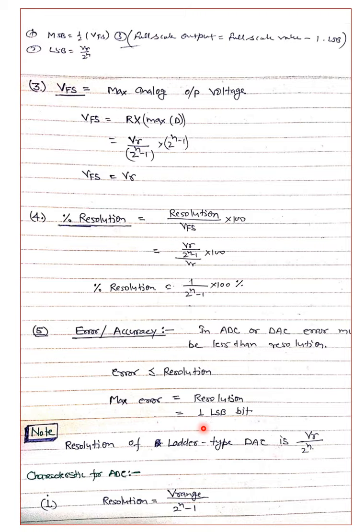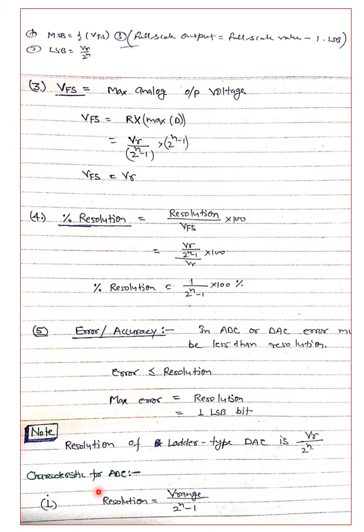That is how much the analog voltage changes when we change the LSB by 1 bit. These are the characteristics of the DAC.